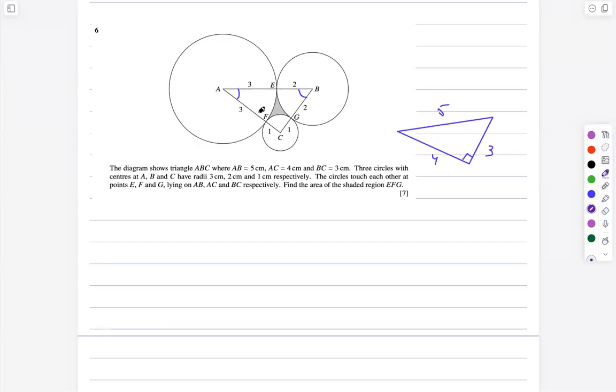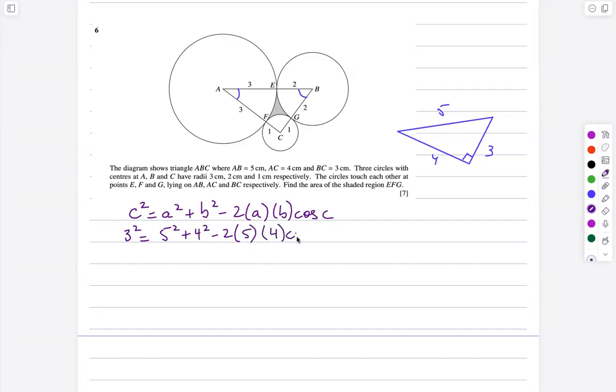So let's say you have to find the angle CAB, so the length of BC is 3. Applying the cosine rule, which is c squared is equal to a squared plus b squared minus 2 into a into b cos of c. So c is basically 3 squared. So 3 squared is equal to 5 squared plus 4 squared minus 2 into 5 into 4 cos of c.